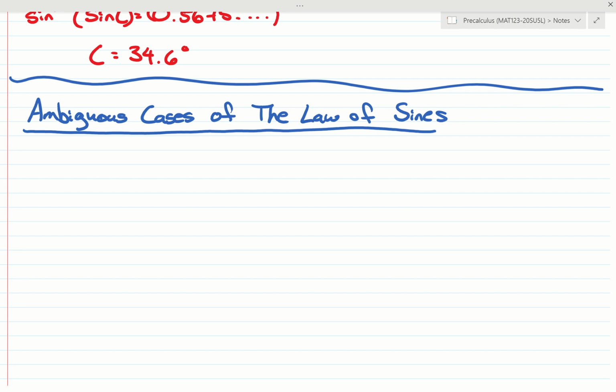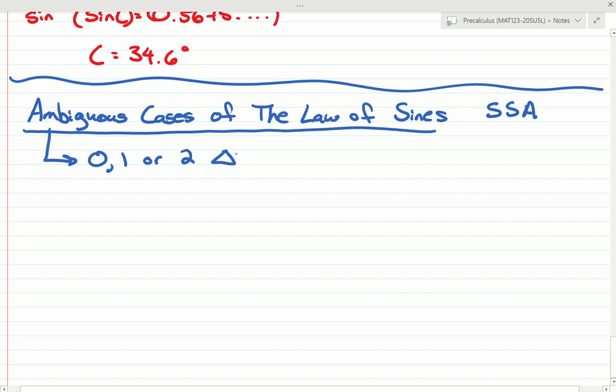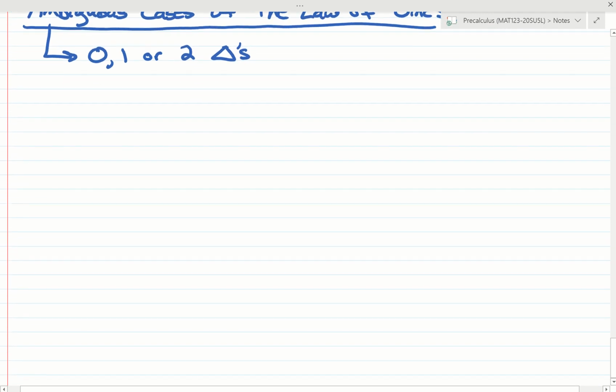So sometimes with the law of sines, if we have a side and an angle in that order, then it's possible to have 0, 1, or 2 triangles. Let me show you what I mean.